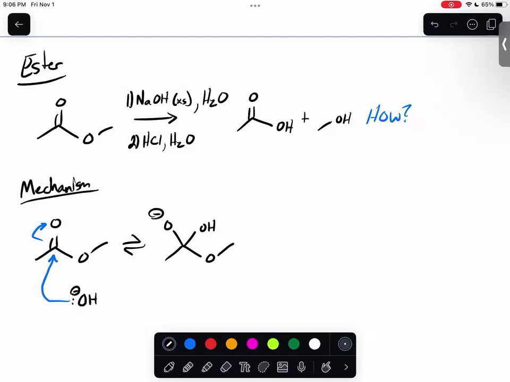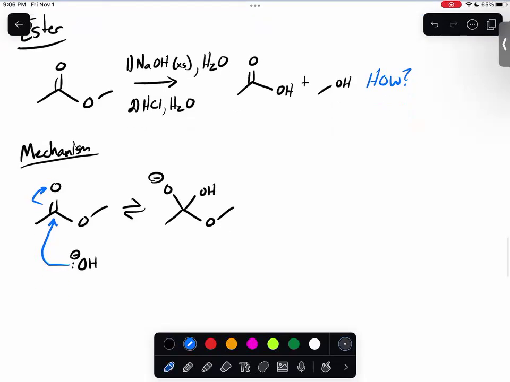And now look at what happens. Let's say that we did decide to kick out the oxygen with the methyl as our leaving group. Well, you can imagine that at this point, we have not changed much in terms of our actual stability. We went from an OH minus to an OCH3 minus. Now then, that would actually be just a pretty much perfect equilibrium between the two.